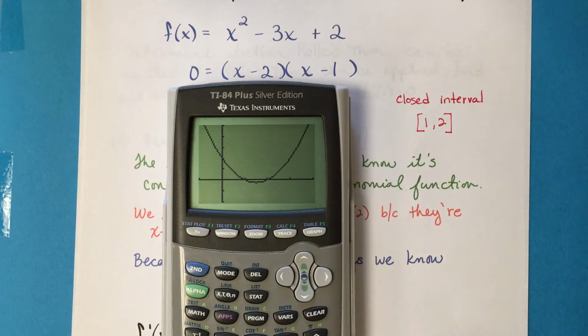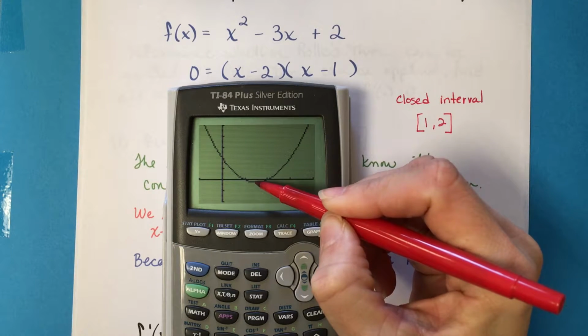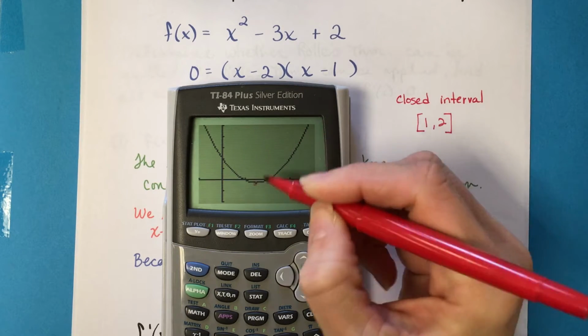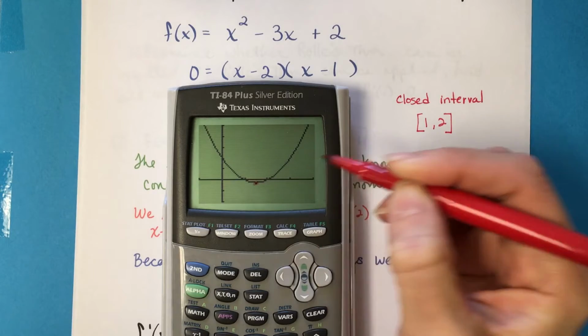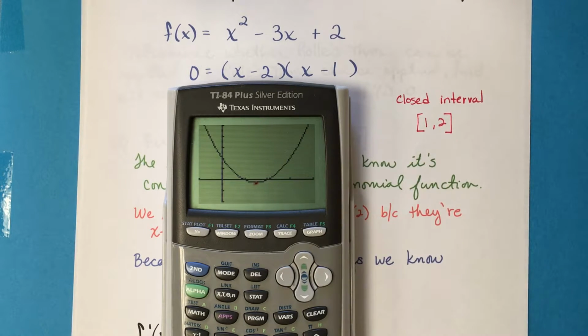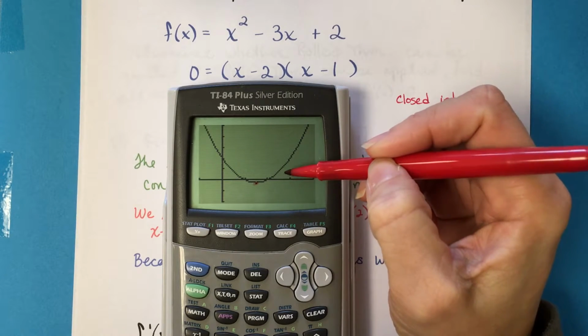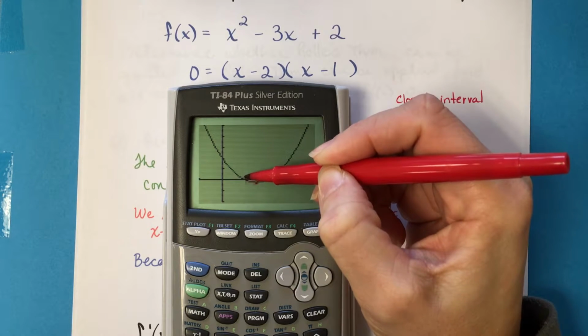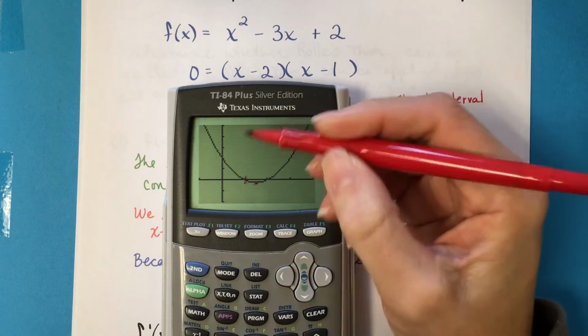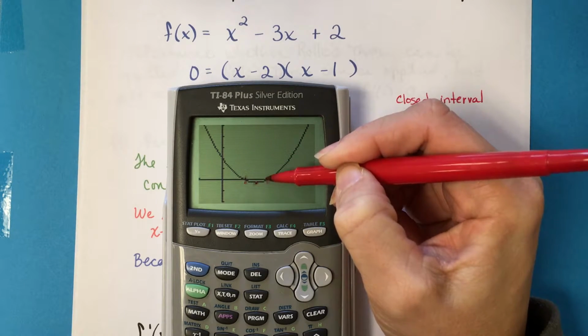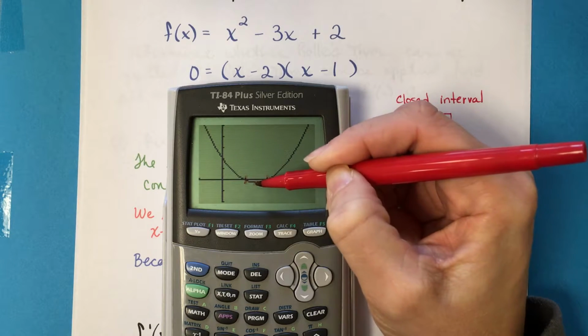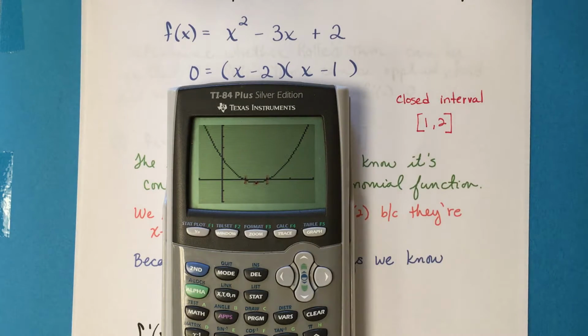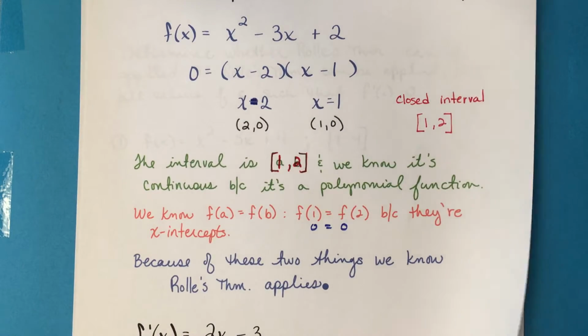So right here at the bottom is where you will have a horizontal tangent line, okay? And of course, that is that value of 3/2, because right here is your x equal 1. You can barely see that tick mark, and right here is your tick mark for x equal 2. So see, right there would be your 3/2. So like I said, you can always take a look at it on your calculator to verify.